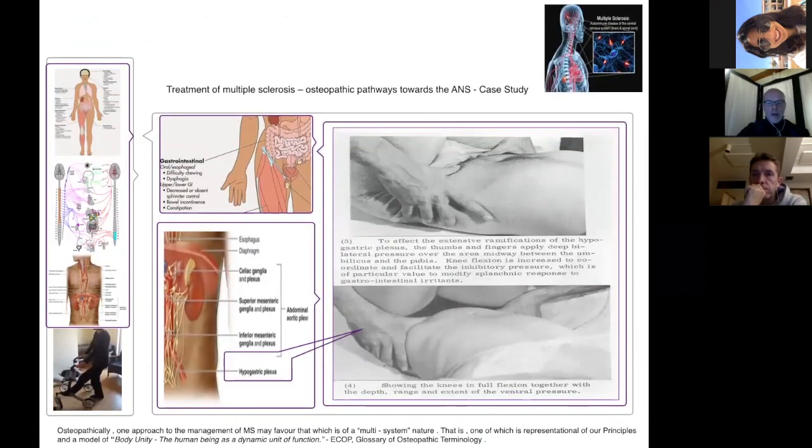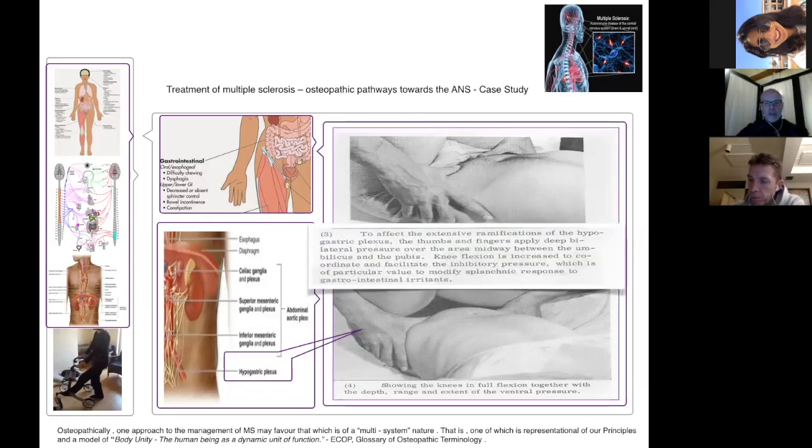So again, we have other ways in which we can work with various components of the plexus. Again, the hypogastric plexus is being involved here, where we can provide ventral digital pressure with gentle flexion of the knees to encourage relaxation of the ventral relationships of the viscera in the abdominal content, disengaging the psoas tension a little bit, and that provides us with the means of a well-defined graduated ventral pressure to the abdomen, providing visceral release, but at the same time engaging with the ramifications of these various plexi too.